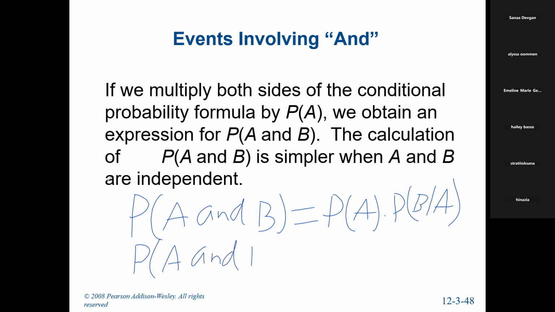P of A and B will be P of A times P of B, because if the two events are independent, P of B given A is equal to P of B. Got it? Yes.